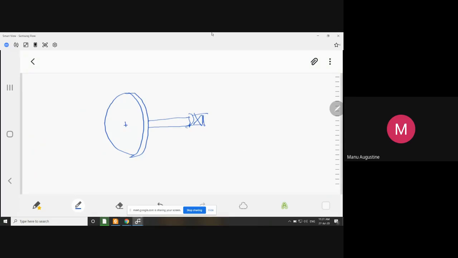Now, you come and apply a moment of, let us say, 2 Newton meter. Moment will have a unit of Newton meter.